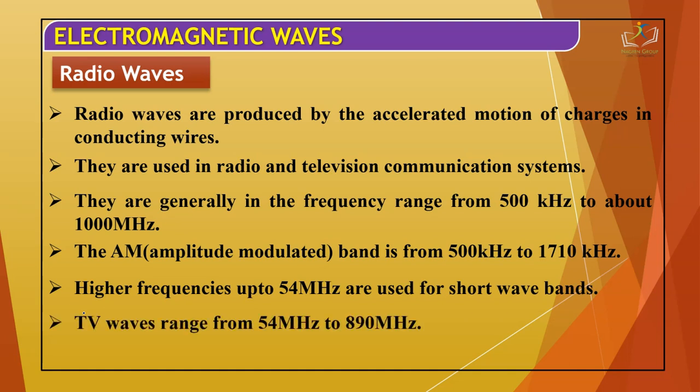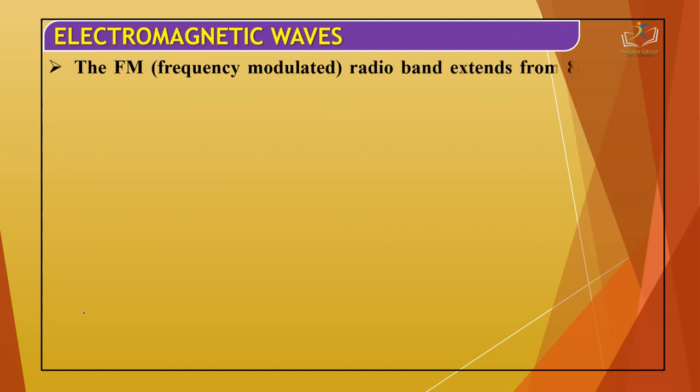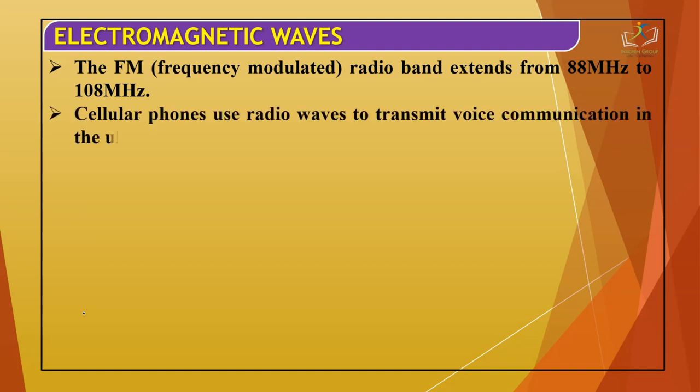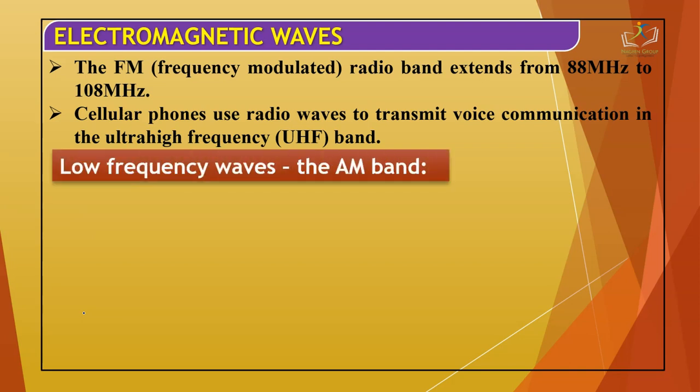TV waves range from 54 MHz to 890 MHz. The FM frequency modulation radio band extends from 88 MHz to 108 MHz. Cellular phones use waves to transmit voice communication. The ultra high frequency UHF band. Low frequency waves, the AM band.